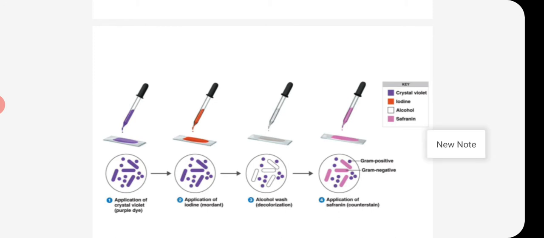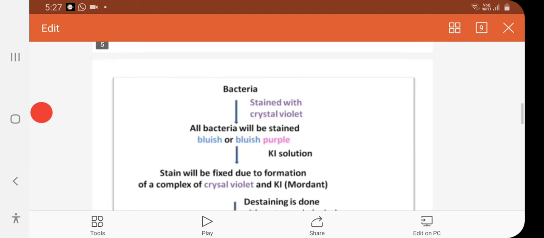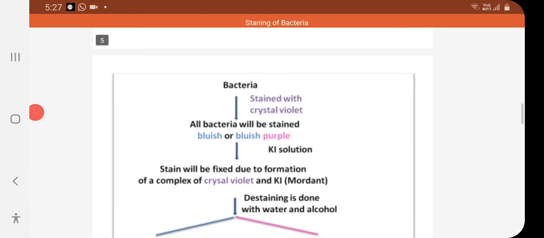Gram positive bacteria contain less lipid, whereas gram negative bacteria contain a large amount of lipid. That's why they dissolve in 95% alcohol or acetone and lose the crystal violet color. That's why they are named gram negative bacteria, right? This is the flow chart for the gram staining.